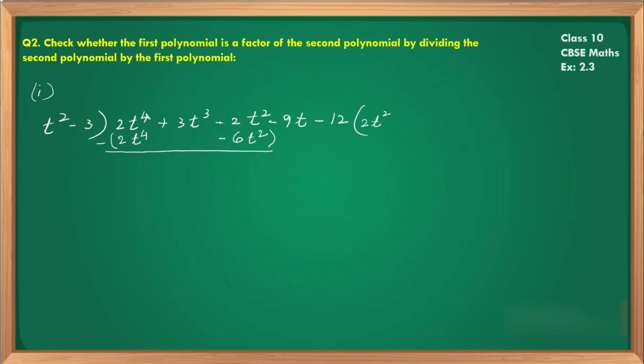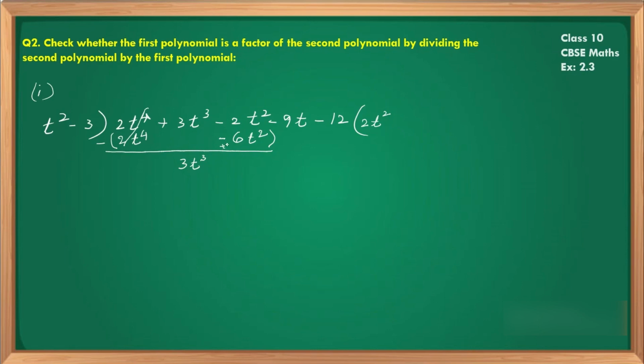On the top, we have minus 2t square. Below, it becomes plus 6t square. Therefore, we have to take the difference. Now in this case, this is plus 2t to the power 4 and below we have minus 2t to the power 4. Therefore, this gets cancelled. Now you have to write down 3t cube as it is. 3t cube.